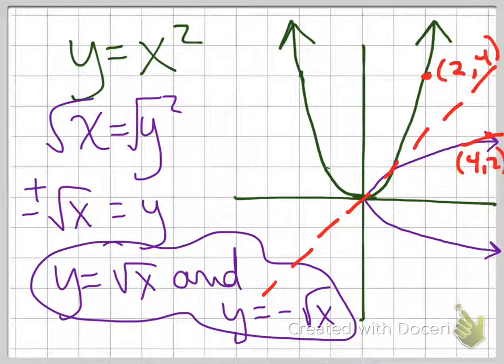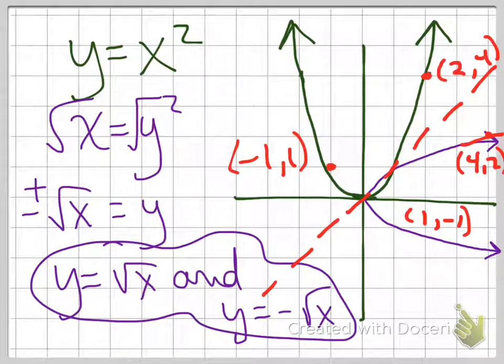And we can look at some other places, like when we have this point over here at negative 1, 1. Negative 1, 1. Well, if we switch those, we go to 1, negative 1, which is right here. So anything that you have on the green graph, if you switch the x and y values, you're going to get the purple graph. And then they have the symmetry that goes along the line y equals x.